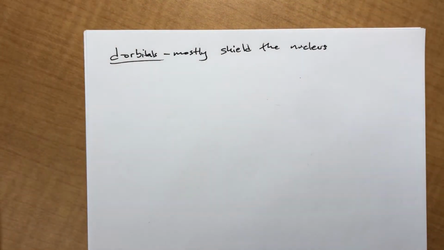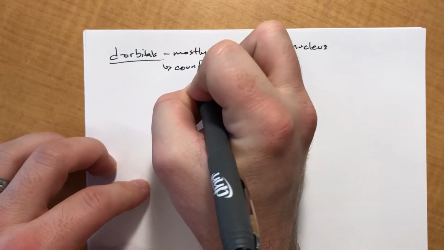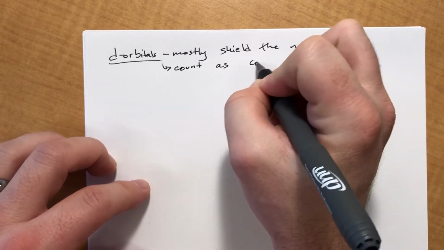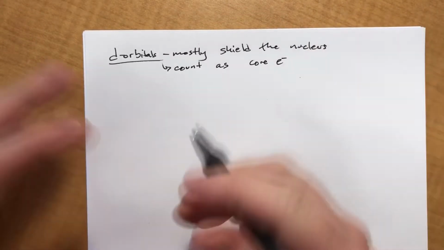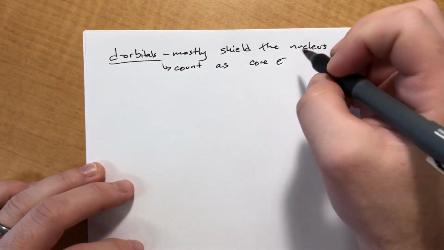So what that means for us is basically the effective nuclear charge doesn't really change much. We count them as core electrons. They're not core electrons, but as far as the effective nuclear charge side of things, they count like core electrons.